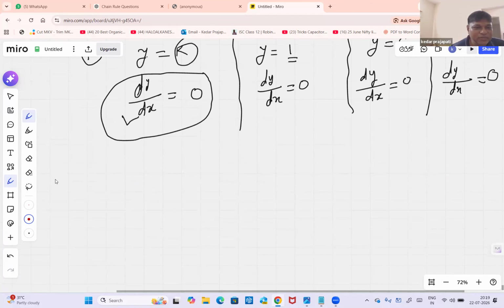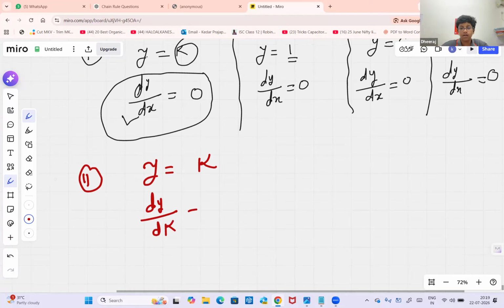But in your exam or in competitive exams, they give it like this: y equal to k. And now the question will come: find dy by dk. So can we write 0 now? No. So how much will it come? 1.